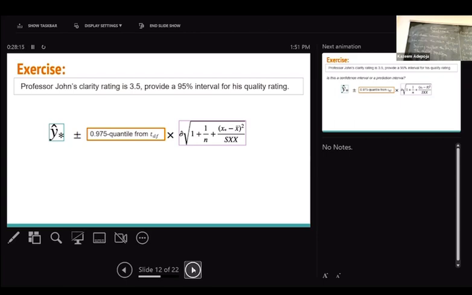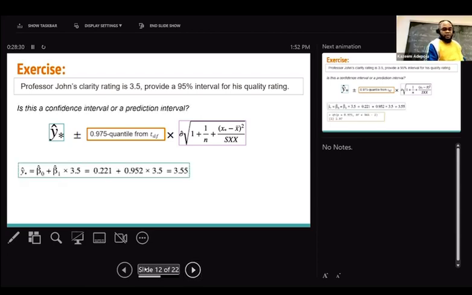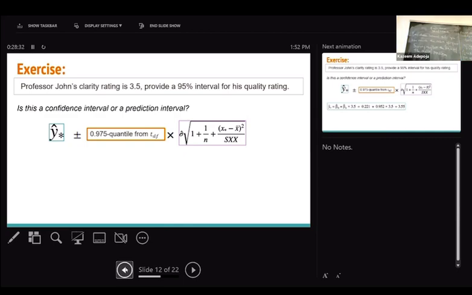That would be a prediction interval, because we're focusing on an individual, Professor John. Then we're going to use this formula here. Look at that. The one that has 1 plus in the square root. So the answer is a prediction interval, because we're only focusing on Professor John, an individual. Go ahead.